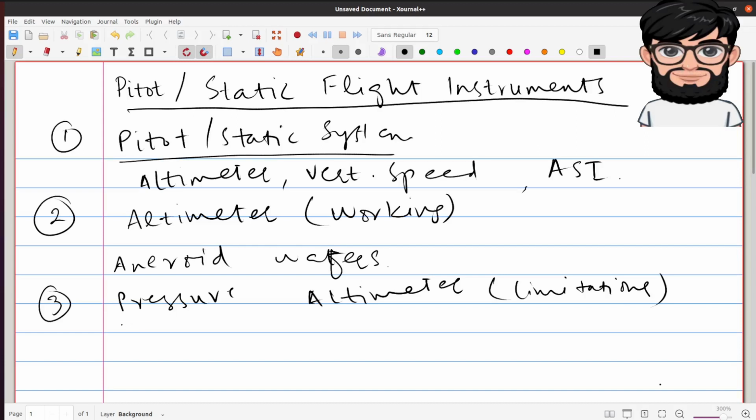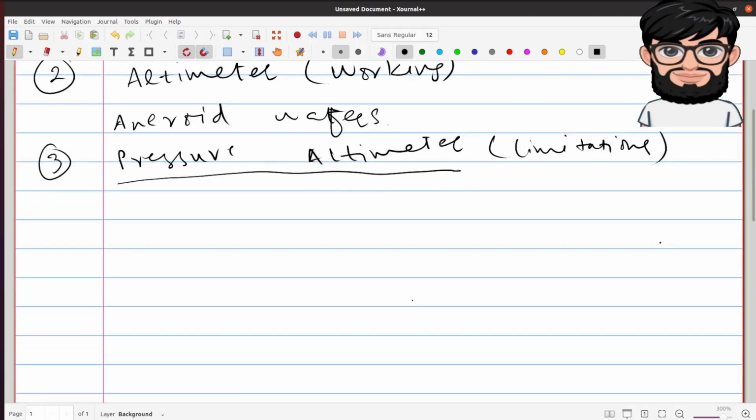The pressure altimeter indication does vary on two things. One is the weather, like the temperature, and the other one is the pressure, like the outside pressure.